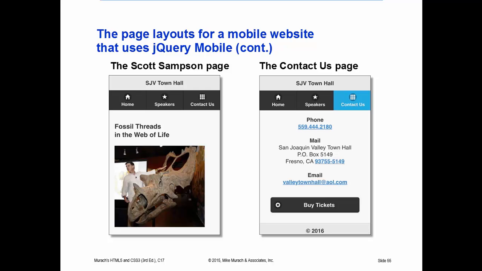When the user taps the phone number on the Contact Us page that you see right here, the phone feature will try to call that number. When you tap the email address, as shown right here, it'll try to start an email for you.